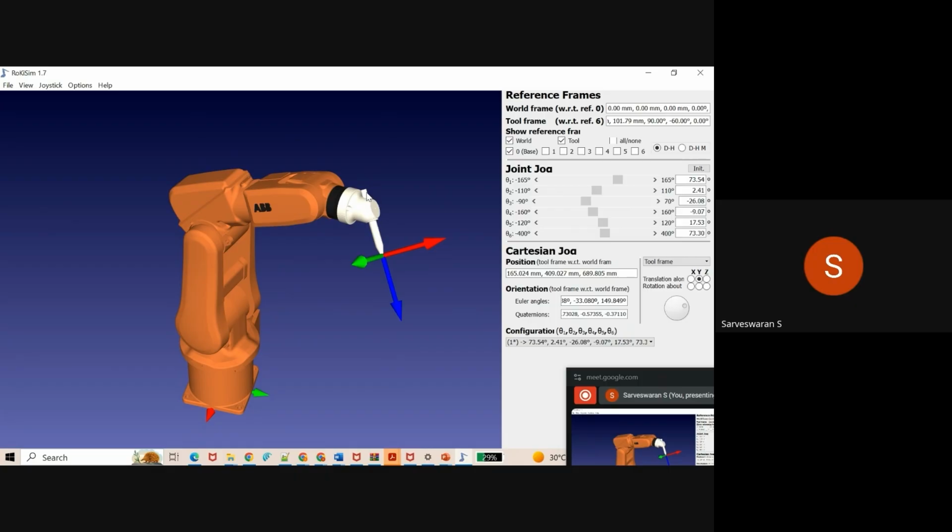You have a load applied over here, and this distance, from here to here, is considered L1, your link length.